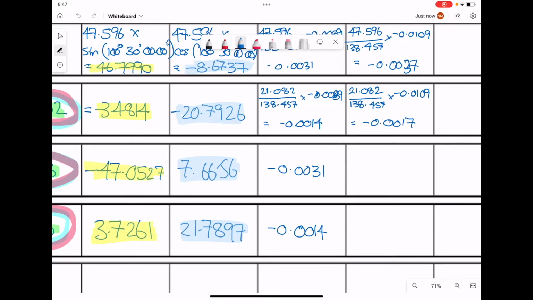Repeat for the next two cells using the corresponding distance. We would get an adjustment of minus 0.0038 and minus 0.0017.